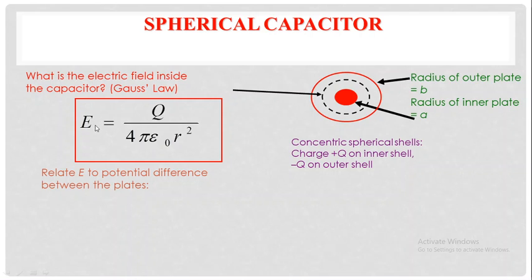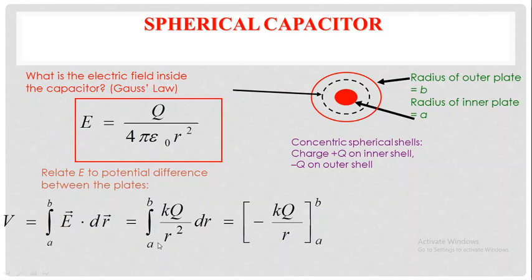According to Gauss's law, E is equal to Q upon 4 pi epsilon naught R square. So we obtain the potential difference from A to B of E dot dl, where A is the initial position and B is the final position.